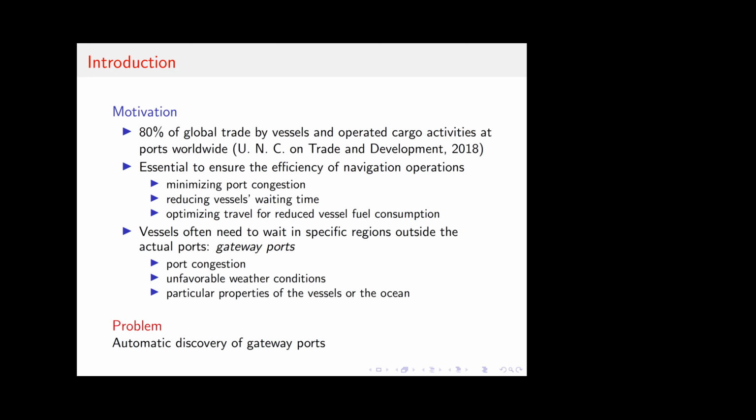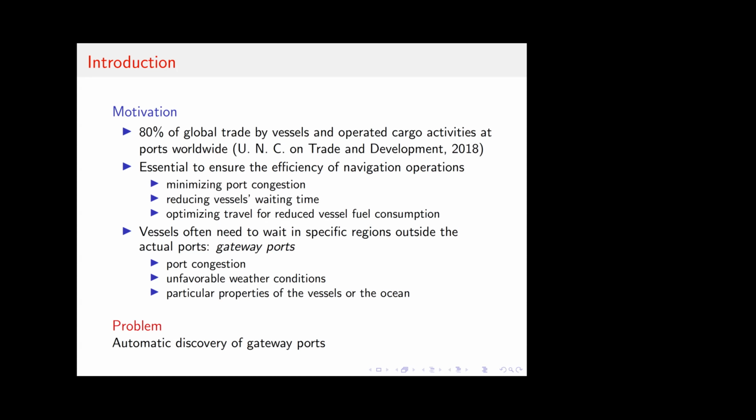Therefore, it is essential to ensure the efficiency of navigation operations, because they contribute to minimizing port congestion, reducing vessels' waiting time at ports or in waiting locations that I will briefly mention now, and optimizing fuel consumption by these vessels.